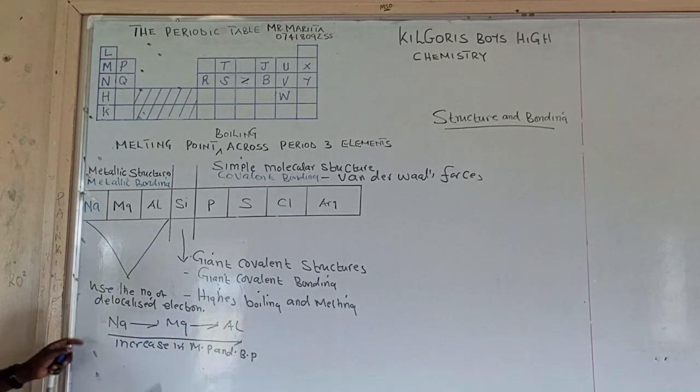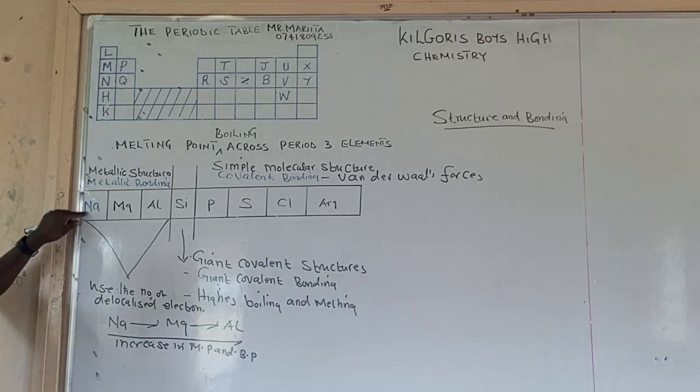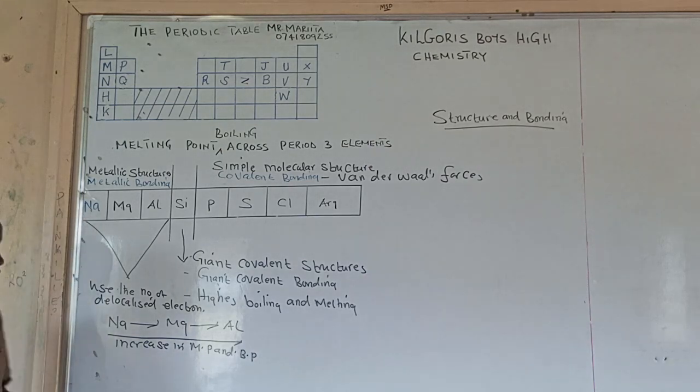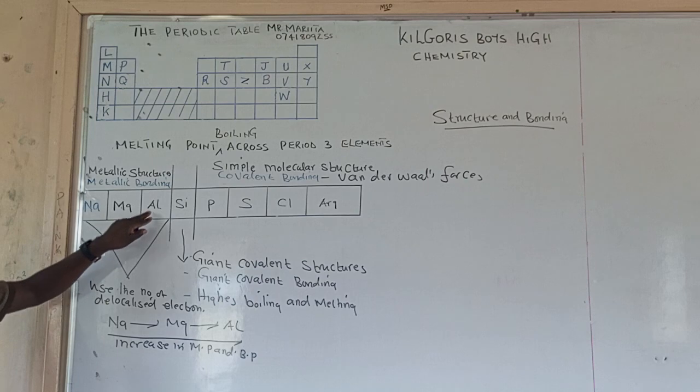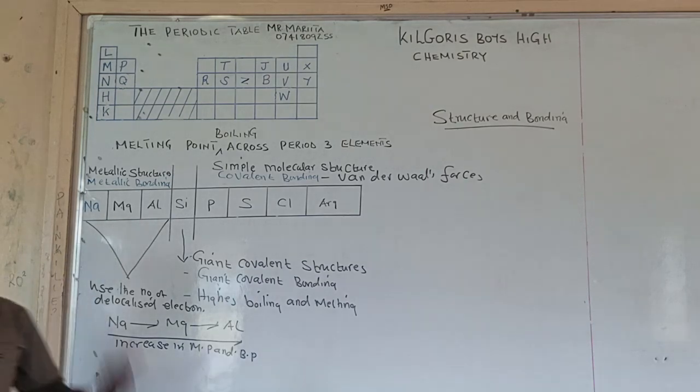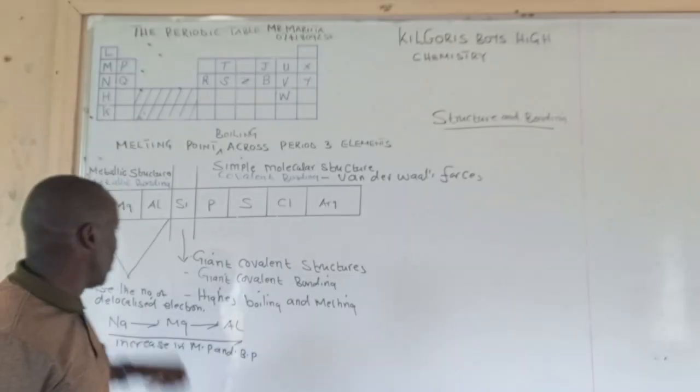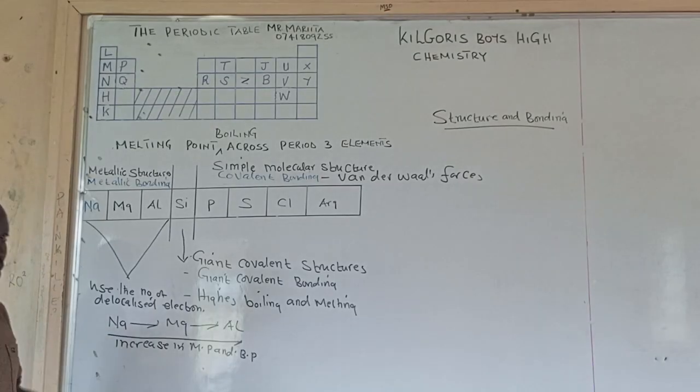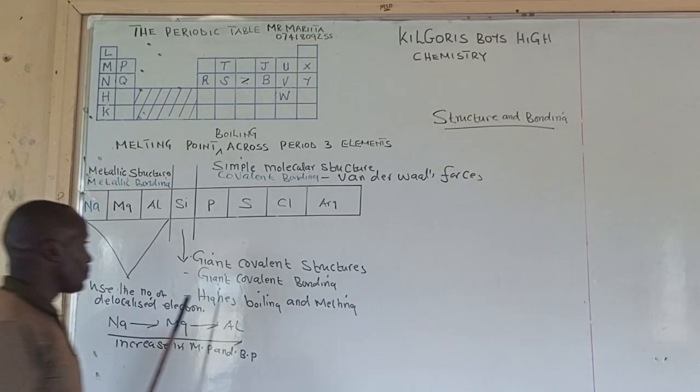The reason is the increase in the number of delocalized electrons. Sodium has 1 delocalized electron, magnesium has 2, aluminium has 3. So as the number of delocalized electrons increases, the melting point and the boiling point also increase.